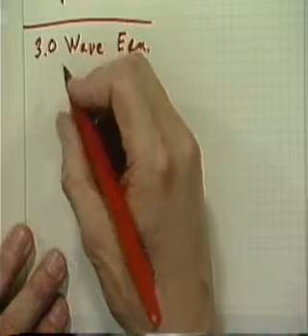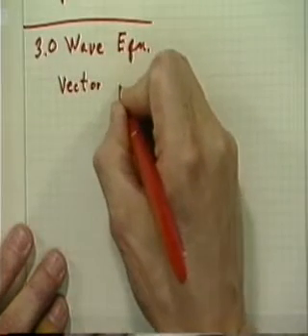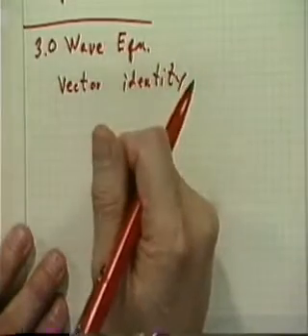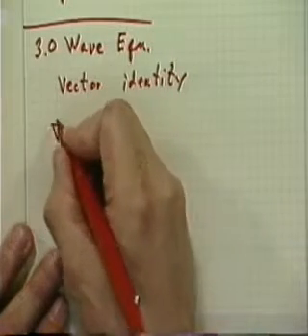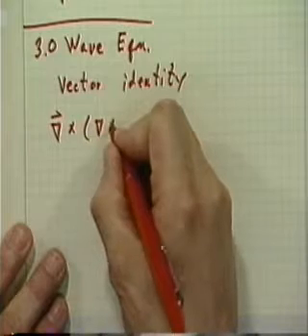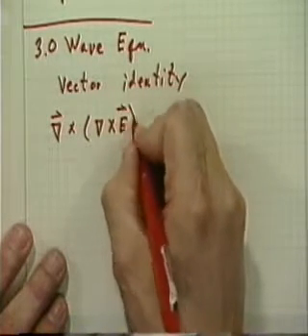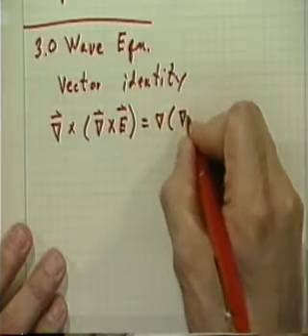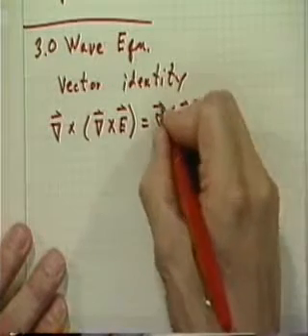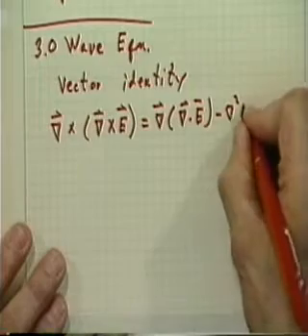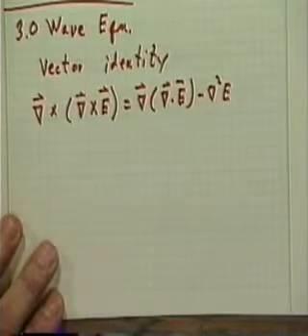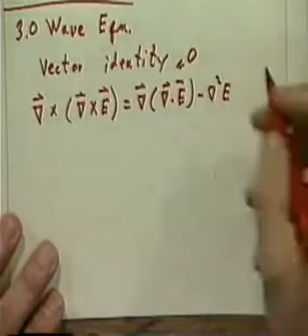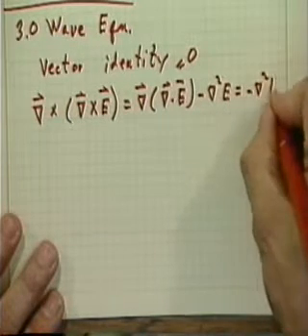We're going to start out with this vector identity: del cross del cross E is equal to del times del dot E minus del squared E. And del dot E from Maxwell's equations is equal to 0. And so this is minus del squared E.